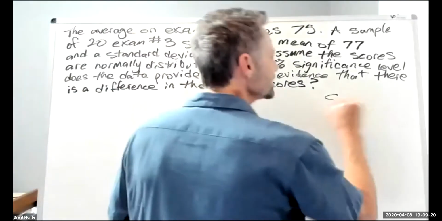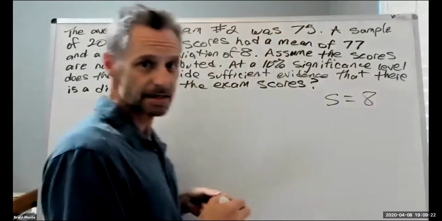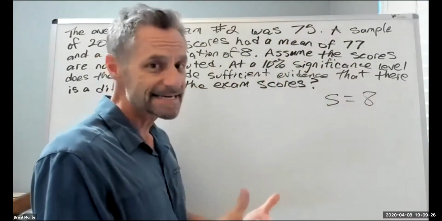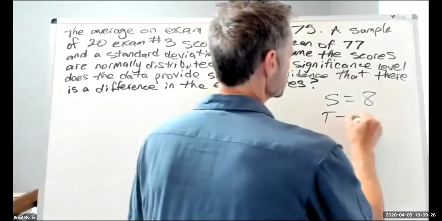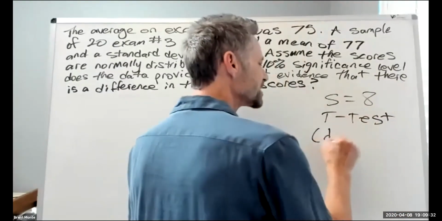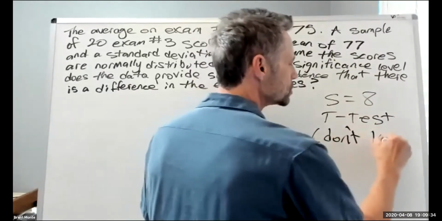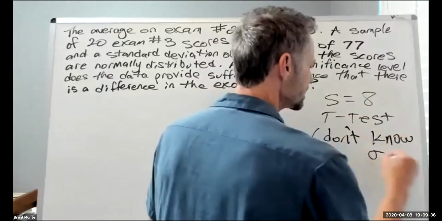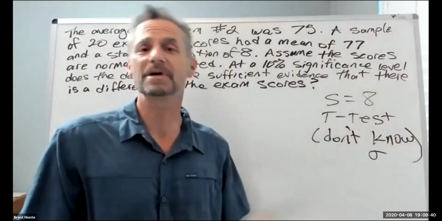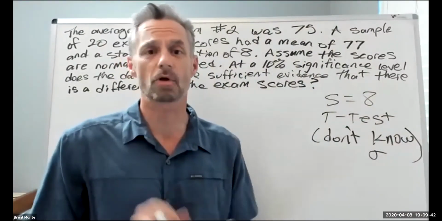So they're telling us here S is equal to 8, so we don't have sigma, so it's a t-test. And we'll say it's because we don't know sigma. Simple as that. If we know sigma, it's a z-test. If we don't know sigma, it's a t-test. That's what we base the whole idea on.